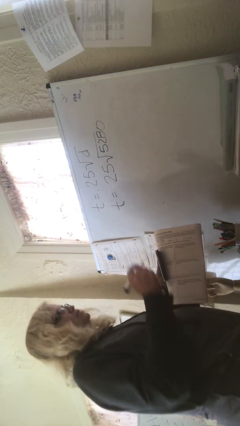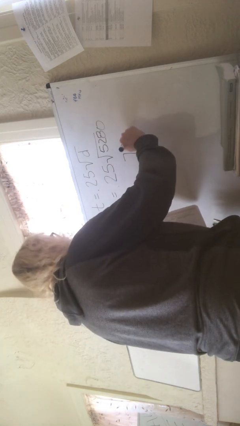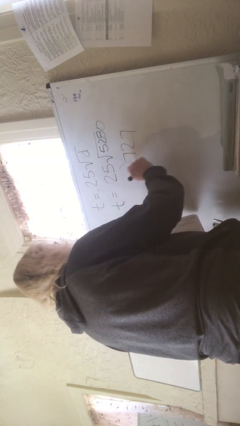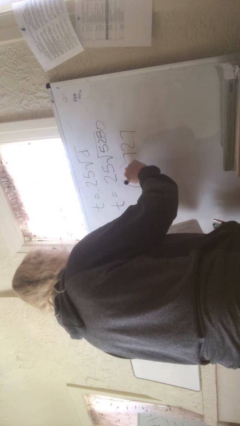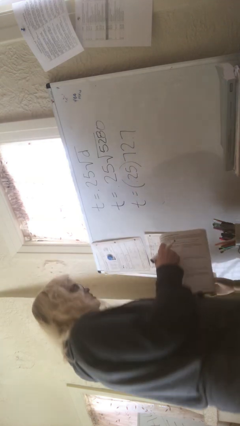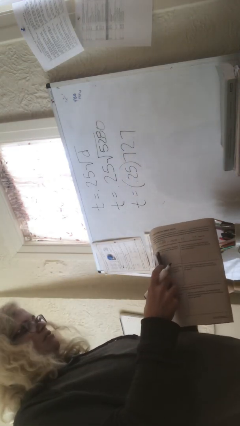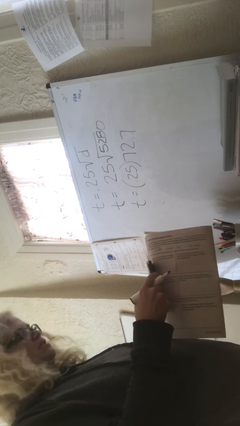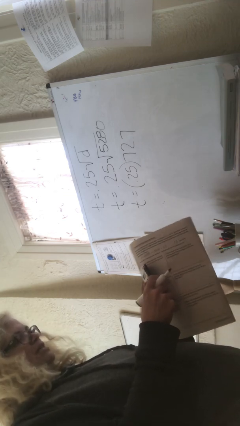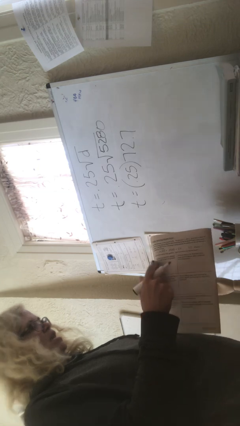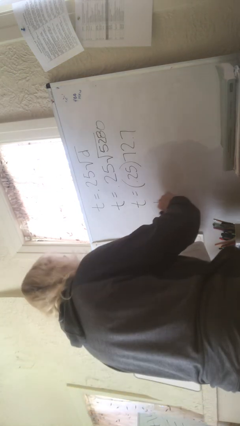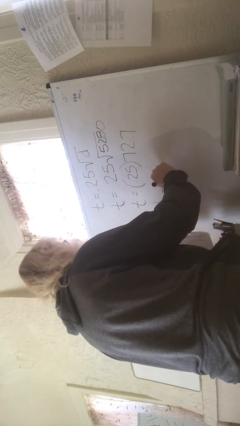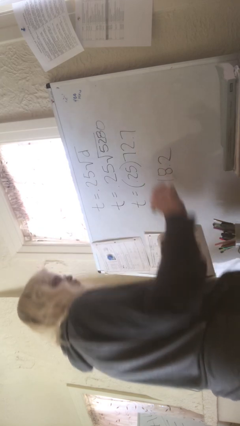I'm rounding to the tenth, so I got 72.7 times 0.25 equals t. So I'm just going to, again, calculator, 0.25 times 72.7, and I got 18.2. So it'll take 18.2 seconds for that object to fall to the ground.